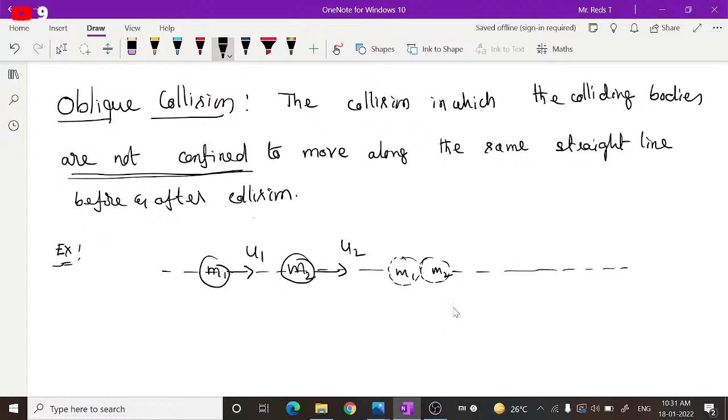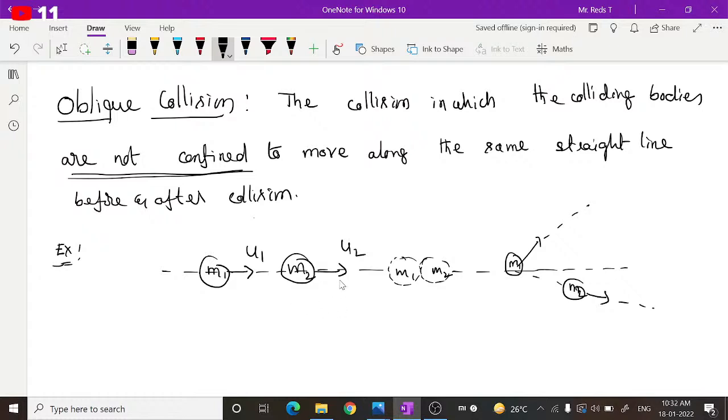After collision, if m1 is moving in this direction and m2 is moving in another direction, then they are not confined to move along the same straight line before and after collision. Such a collision is called an oblique collision. Got it?